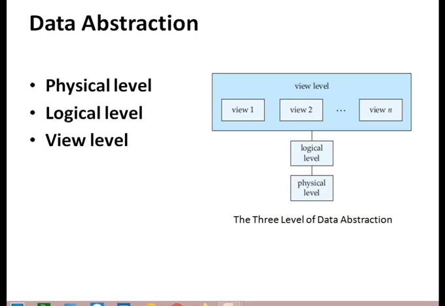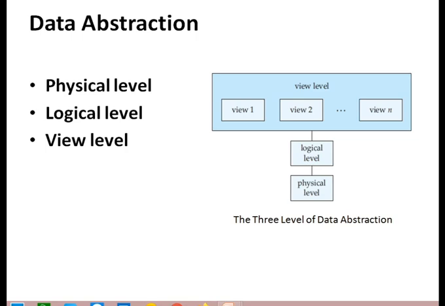The highest level of abstraction describes only a part of the entire database. Let's take one example. In a university database, your exam section department does not have an interest in personal details. Therefore, personal details are hidden from the examination department in the university database.